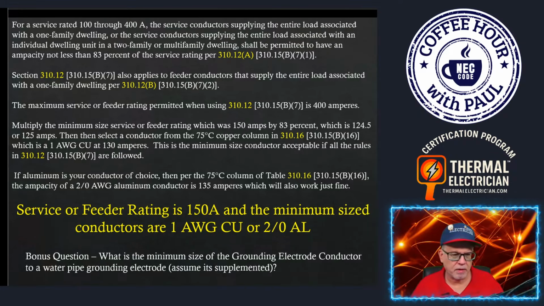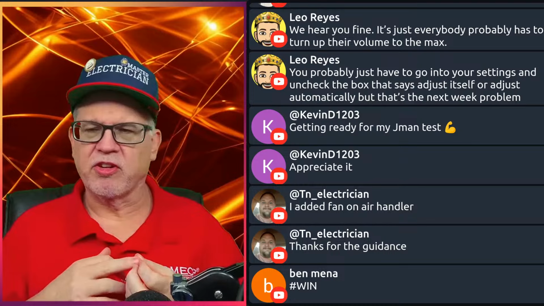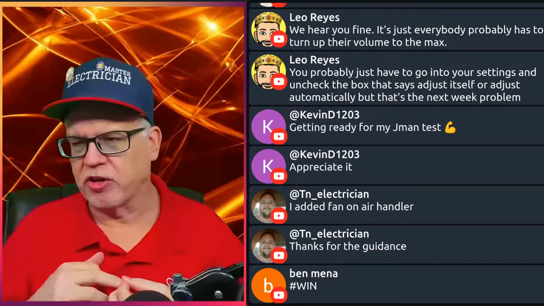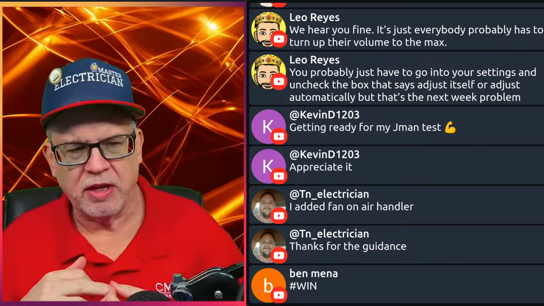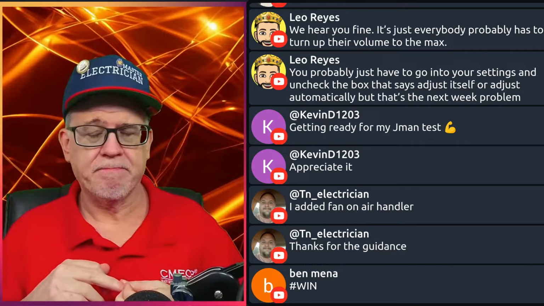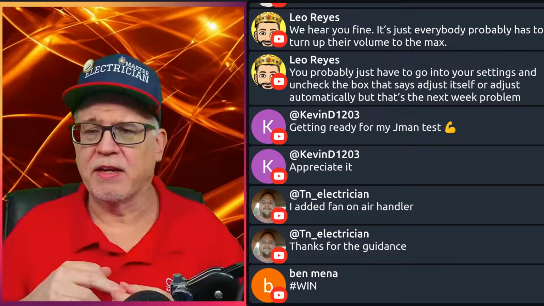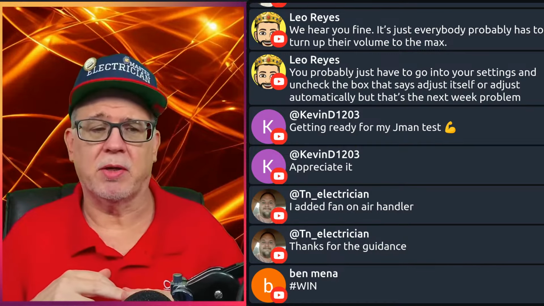Now, a little thing for you test taker folks. When you're doing ampacity, adjustment and correction of conductors, or trying to determine what the conductor's ampacity is, typically they'll tell you the conductor insulation. But we have to remember that there's that missing link component.